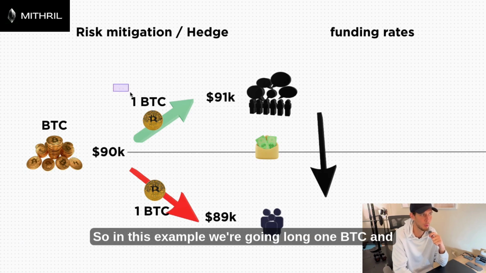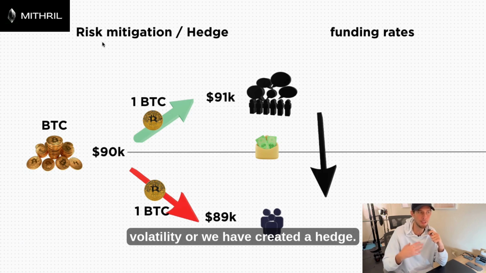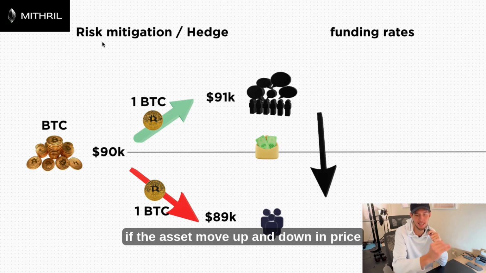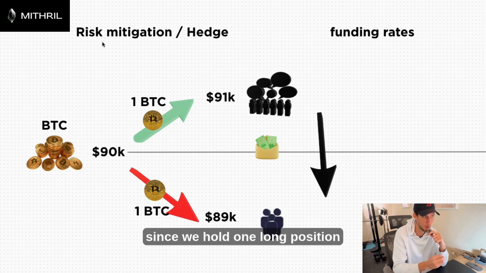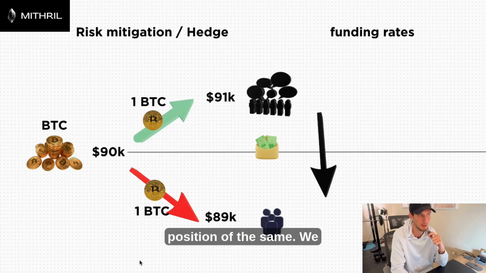So in this example, we're going long one BTC and short one BTC. By doing that, we have mitigated the risk of market volatility, or created a hedge, right? We are now protected if the asset moves up and down in price, since we hold one long position and one short position of the same size.